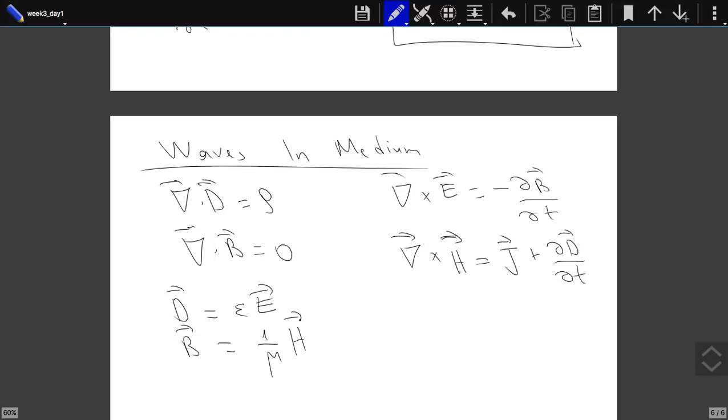Well, in vacuum, epsilon is equal to epsilon 0, and mu is equal to mu 0. B is equal to mu H. Well, let's look at in vacuum. In vacuum, curl of B was mu 0 J plus mu 0 epsilon 0 del E by del T. Divide by mu 0.